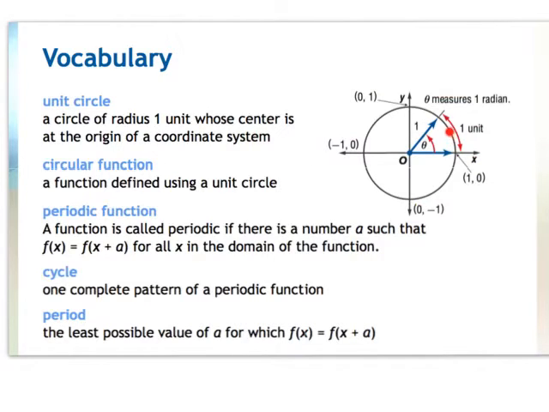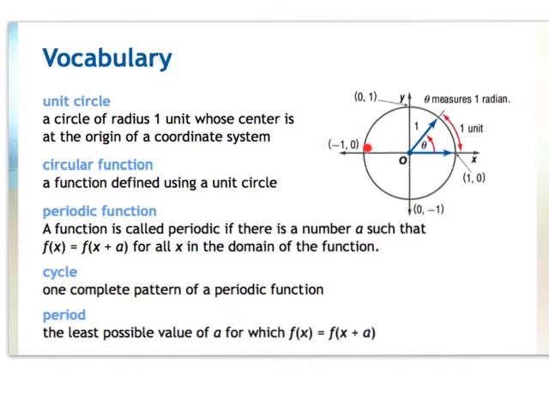And then there's 30 degrees, 45 degrees, 60 degrees, 90 degrees. At 90 degrees, the ordered pair is 0, 1. 90 degrees is also known as pi over 2. And then you'll have the other angles here until you get to another quadrantal, which is at 180 or pi.